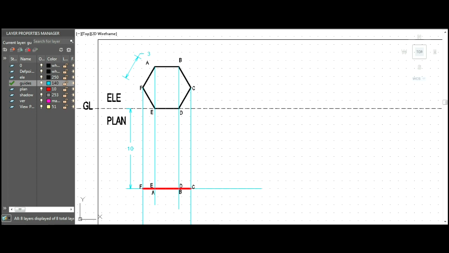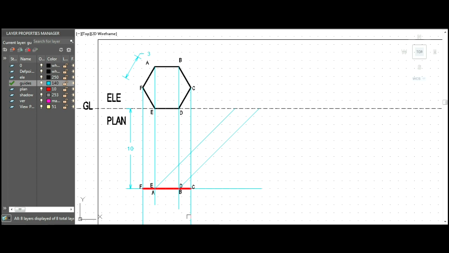To draw the shadow of this, we will begin by drawing a light ray from the base of the object, ED, which is this point, at an angle of 45 degrees, from here as well as here, such that it intersects the ground line.